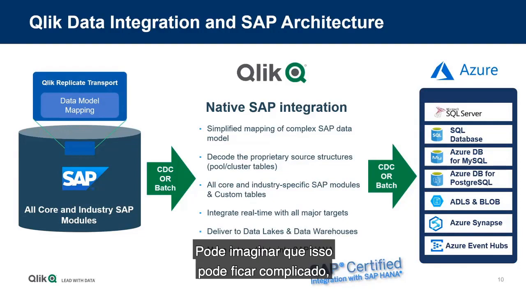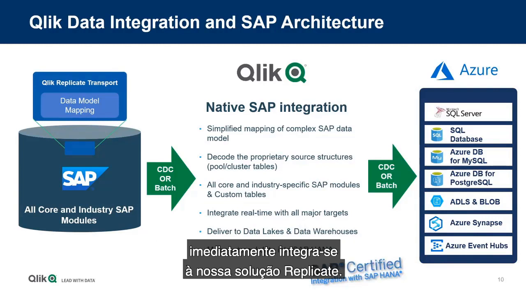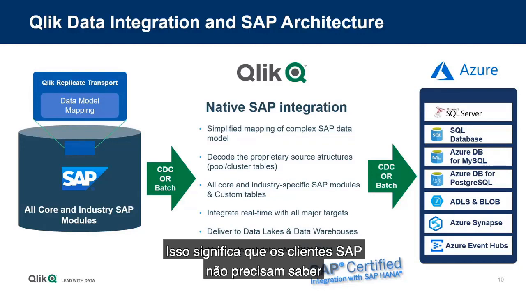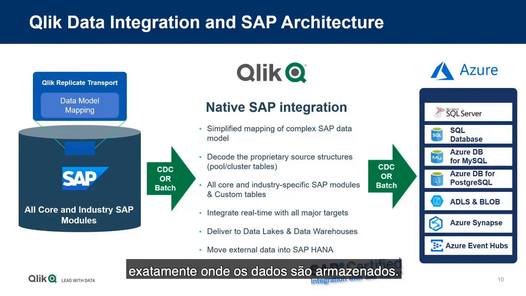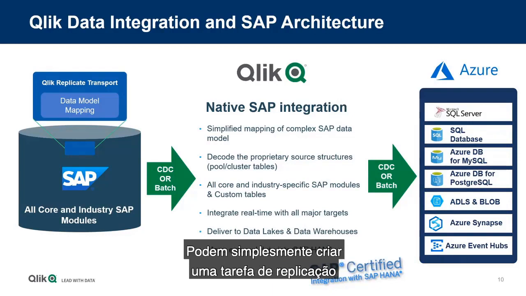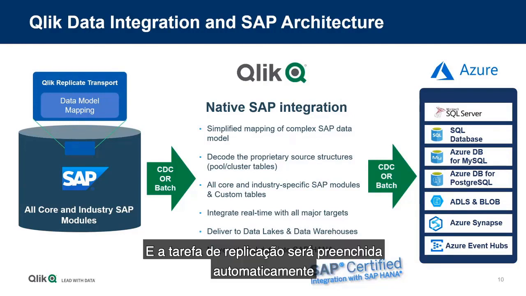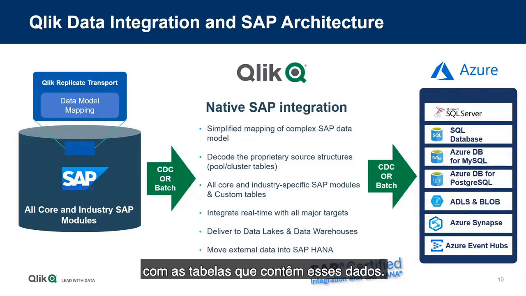You can imagine this could get very complicated, but that modeling that has existed in our Gold Client solution for 15 years immediately integrates into our Replicate solution. This means that SAP customers don't have to know exactly where data is stored. They don't have to run SQL traces or go digging for where the data is at. They can simply create a replication task and select a type of object, such as customer master, material master, sales order data, and the replication task will automatically be populated with the tables containing that data.